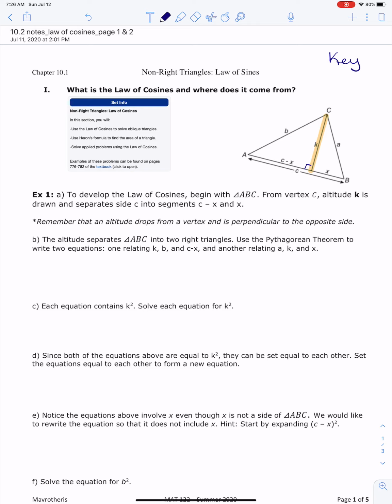So if we're calling the whole side C, I can take one little piece and call that X, and then I'm going to take the other piece and call it C minus X. Feels a little funky doing that because we're adding in another variable when it already seems like we have so many. But just like before, we're going to use that K and X to work through and come up with an equation that involves the sides and the angles of our triangle.